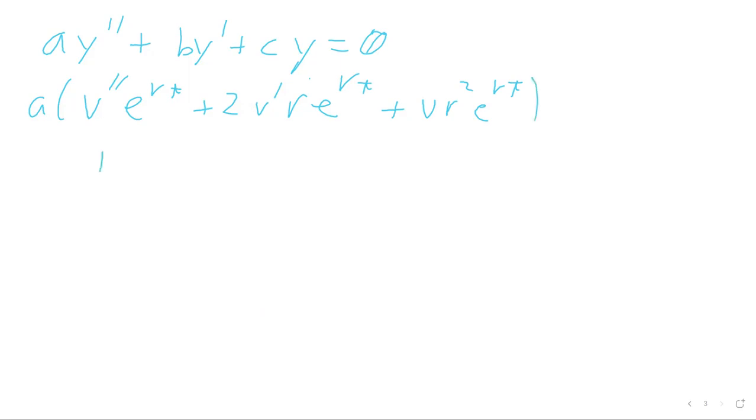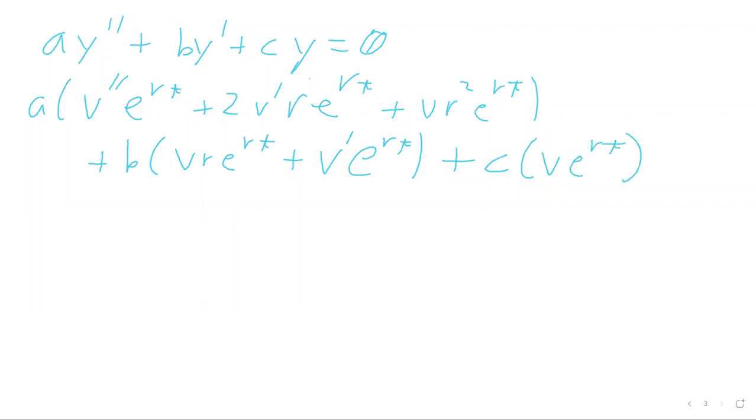Okay. Plus b, and then times our y2 prime, which is b r e to the rt, plus c times e to the rt. And that is still going to all equal 0. And just double check, make sure I wrote those down correctly. Good. Okay, now notice that every single one of these has an e to the rt.